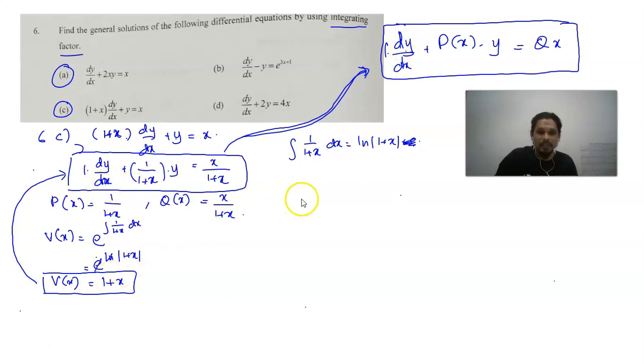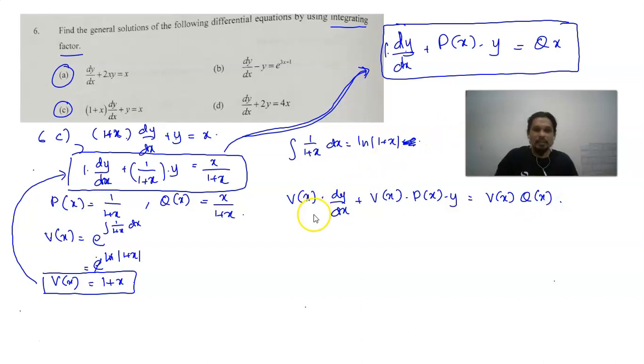So then v(x) multiplied with dy/dx plus v(x) multiplied with P(x) times y equals v(x) Q(x). Here it is (1 plus x) multiplied with dy/dx plus (1 plus x) multiplied with P, which is 1 over (1 plus x), and then y equals v, which is 1 plus x, times Q(x).